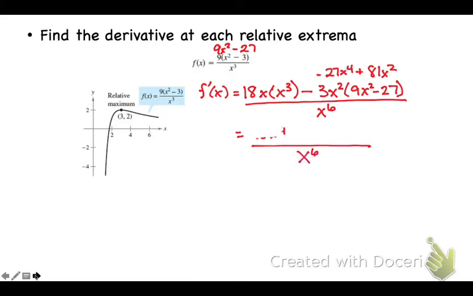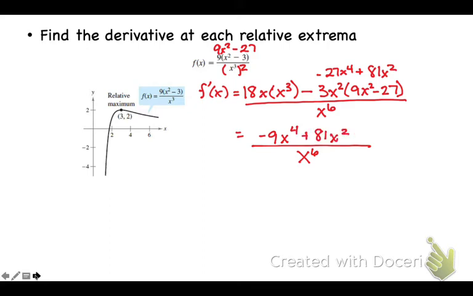Okay, so 18 minus 27 is negative 9. Why is it x to the 6th? Because when you square x cubed, you multiply the exponents. So we have negative 9x to the 4th plus 81x squared.